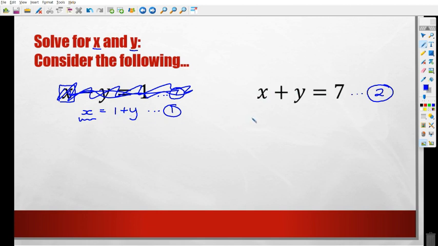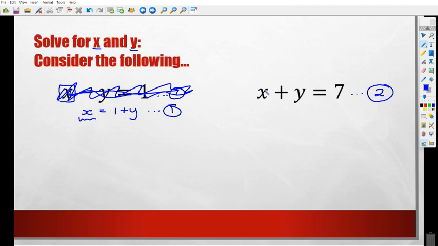So I'm going to substitute what x is into my other equation. Please make it the other equation, because if you substitute x in here, you're going to have 1 plus y equals 1 plus y, and then everything's going to cancel out. You're going to get 0 equals 0. That's never going to work out. So whatever you find in your equation 1, always substitute into the other equation.